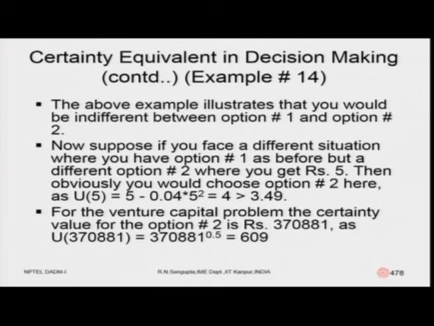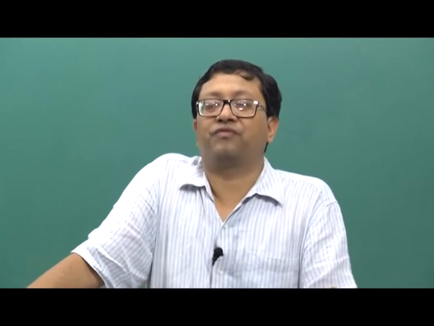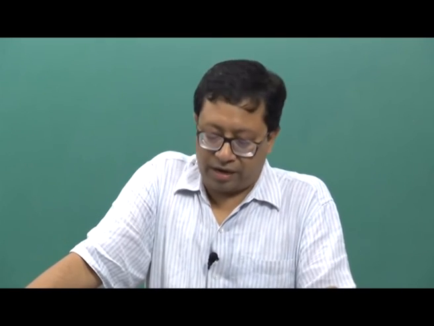So, when the value compared with the gamble is greater than 3.49, I will be more inclined to take that decision, because in the long run, the value which accrues to me based on my utility function would be higher.